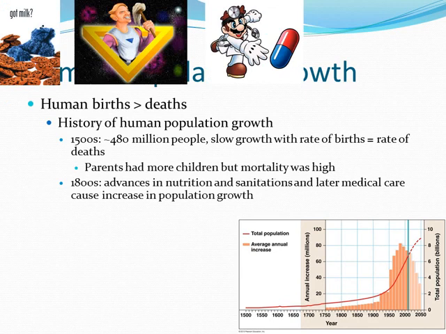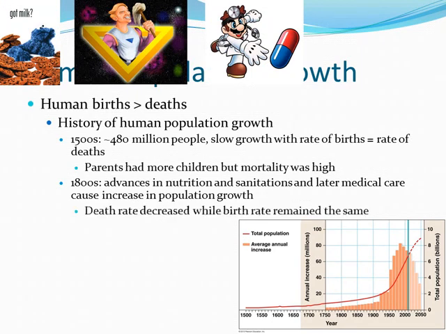In the 1800s, we have a little bit more advancements in nutrition, sanitation, and also later in medical care as well. So this is what is starting to cause this increase here, as you can see from the 1800s onwards. So, of course, the amount of deaths is going to decrease, and at this point in time, the birth rate remains the same.